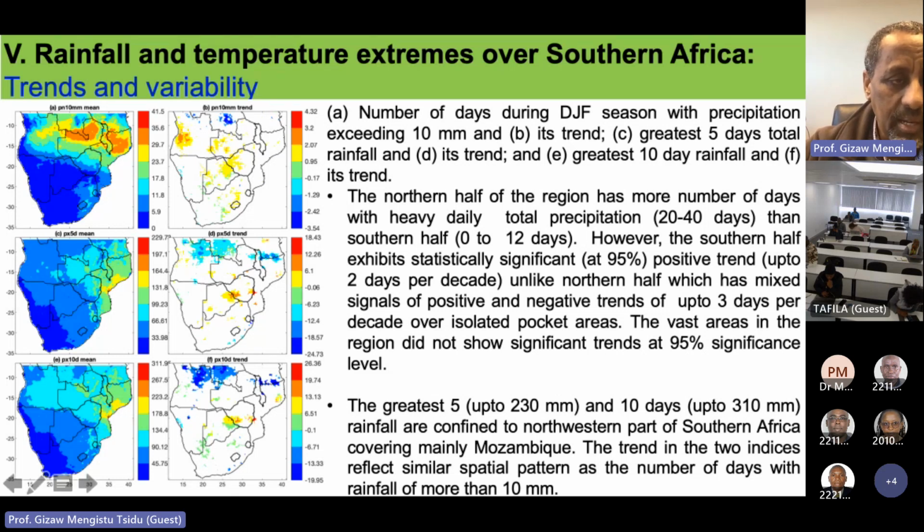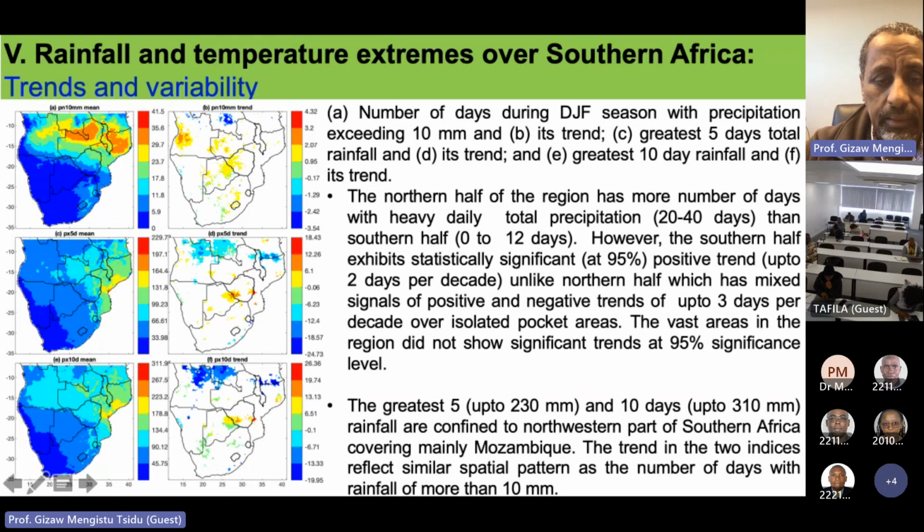What you see on this slide is, for instance, panel A at the top left and panel B at the top right, representing an index: the number of days during the December, January, February season with precipitation exceeding 10 millimeters. So this is the number of days during the 3-month period, from 1981 up to 2022.